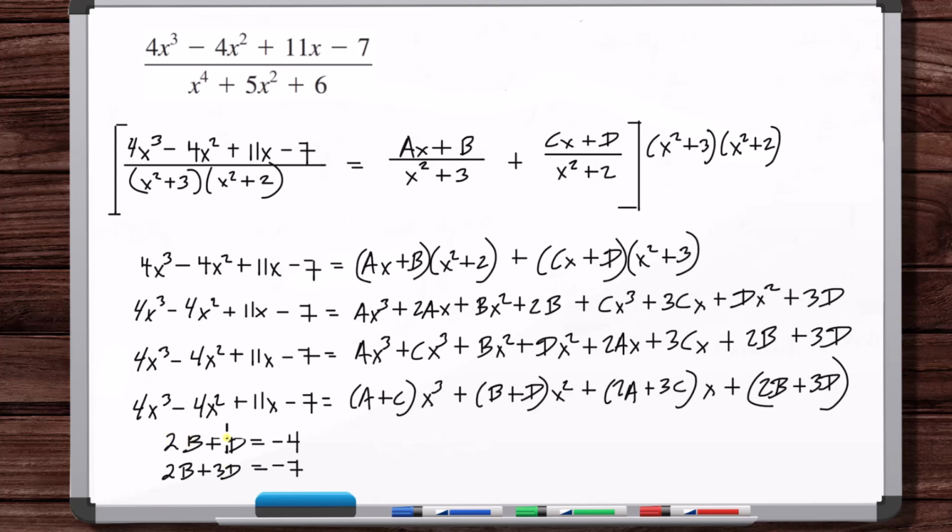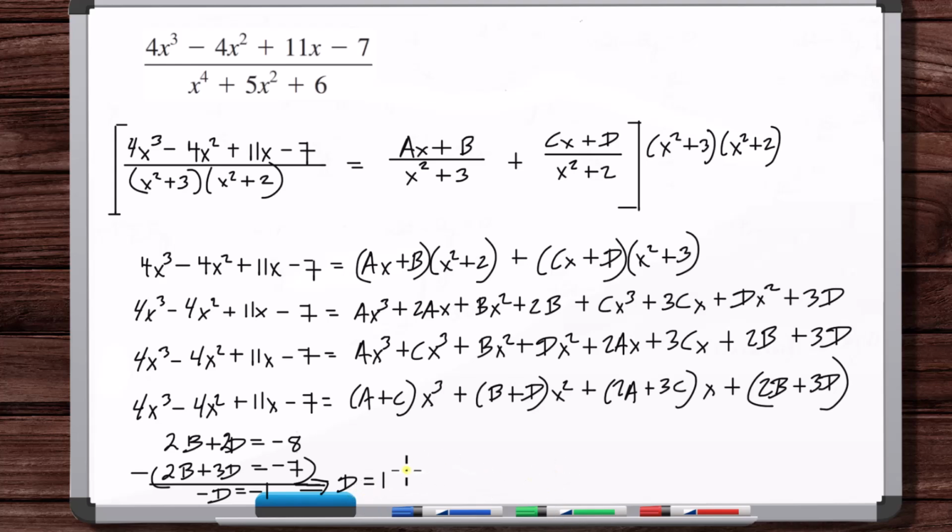If we multiply the first by 2, now let's subtract these two equations. 2d minus 3d is minus d. Minus 8 plus 7 is minus 1. So you get d is equal to 1.